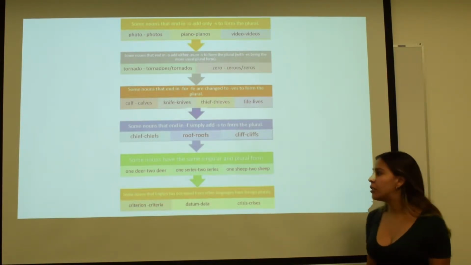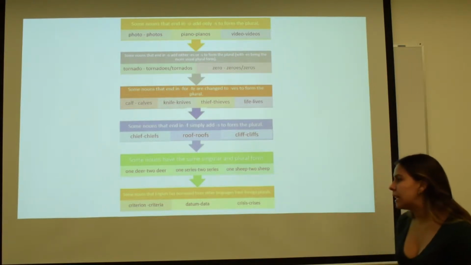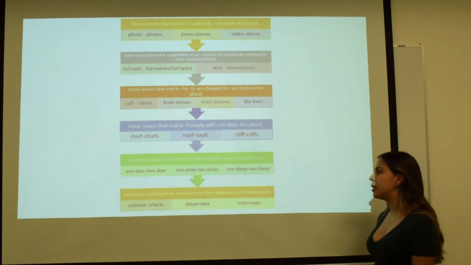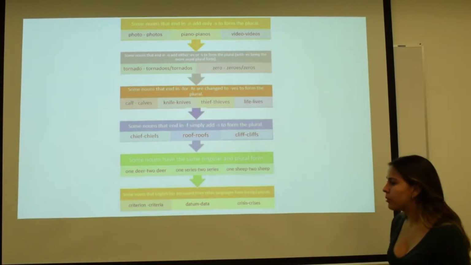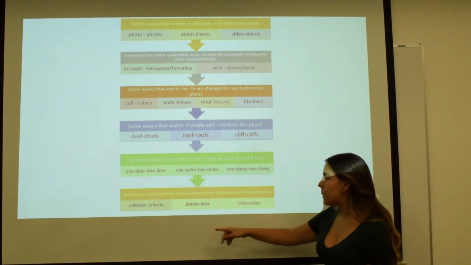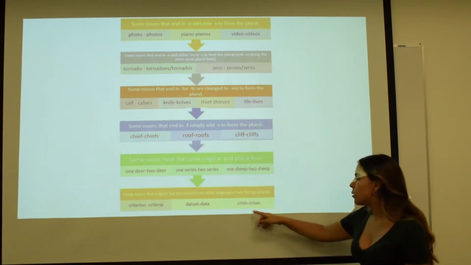There is no change over there. One series, two series. One sheep, two sheep. Some nouns that English has borrowed from another language have foreign plurals. For example, criterion, criteria, datum, data, crisis, crises.